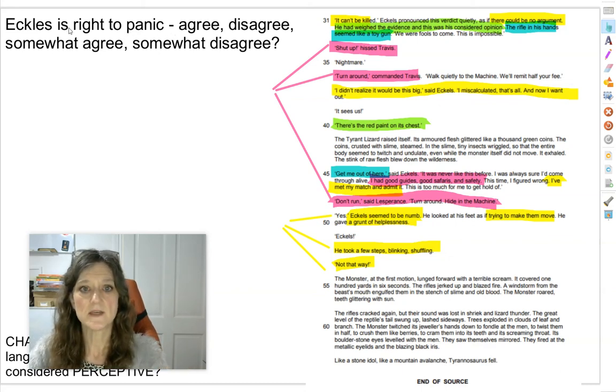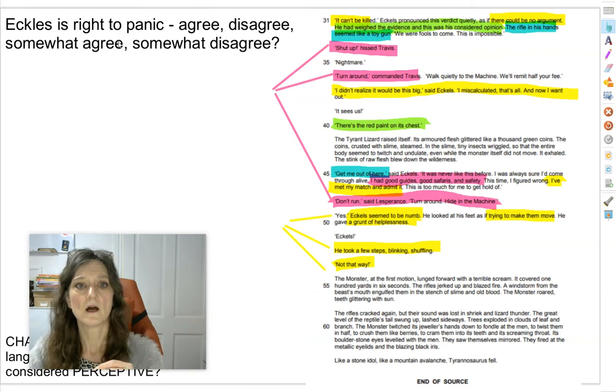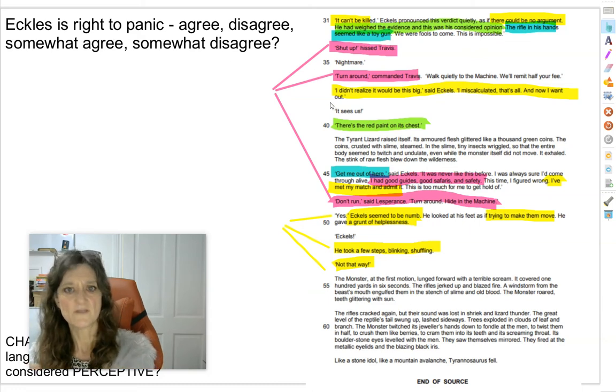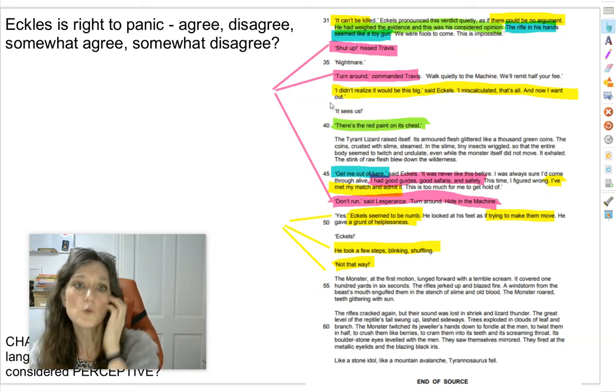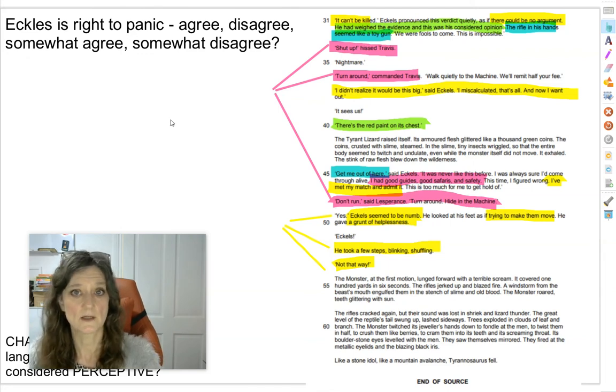So perhaps if he had done his homework properly and he knew what kind of beast he was coming up against, then he might have been more prepared and then he wouldn't have panicked. So there, again, I'm disagreeing with the student, because if Eccles had done his homework properly, he would have known what to expect and then he wouldn't have needed to panic.